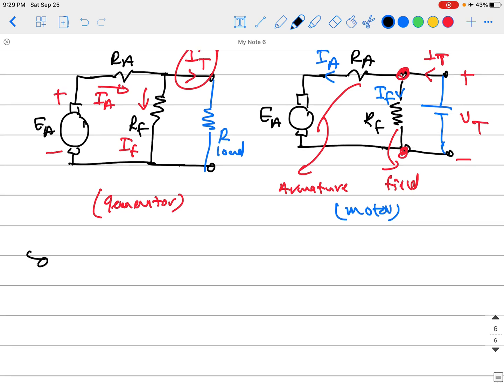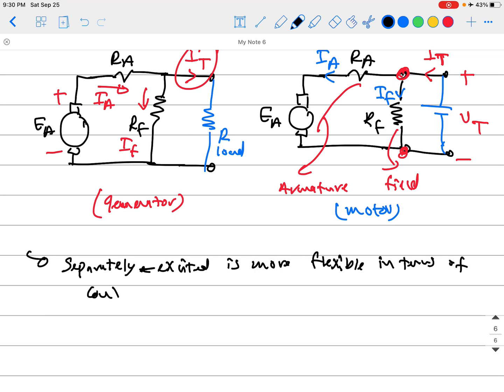But like this, we lose the flexibility that we had before, because the separately excited is more flexible in terms of control of the magnetic field.